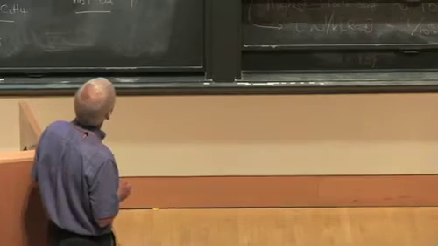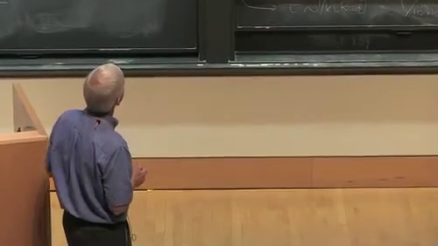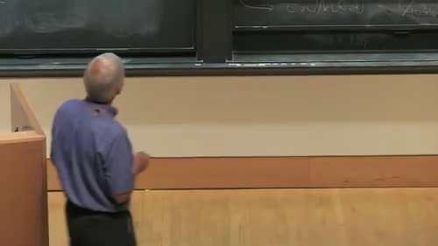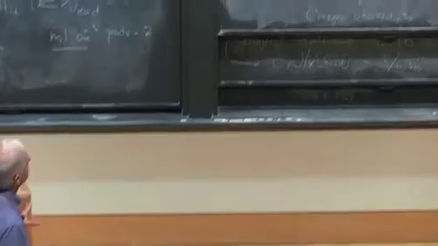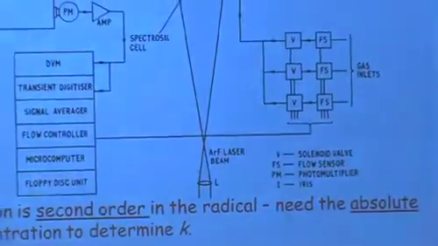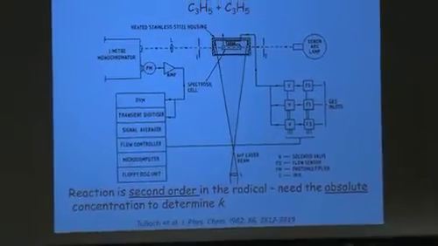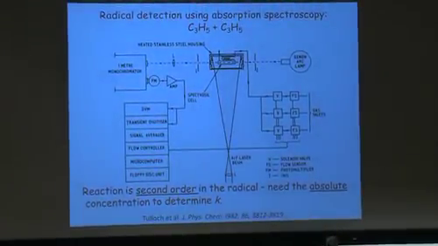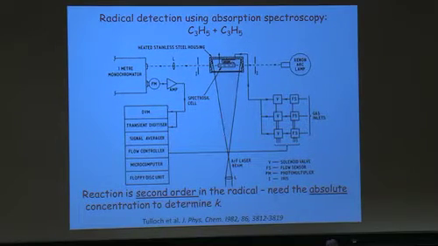So that's the use of synchrotrons in photoionization. Here's another sort of technique, going back eons, and this is using absorption spectroscopy to look at a species of a radical. And so this is looking at the R radical.